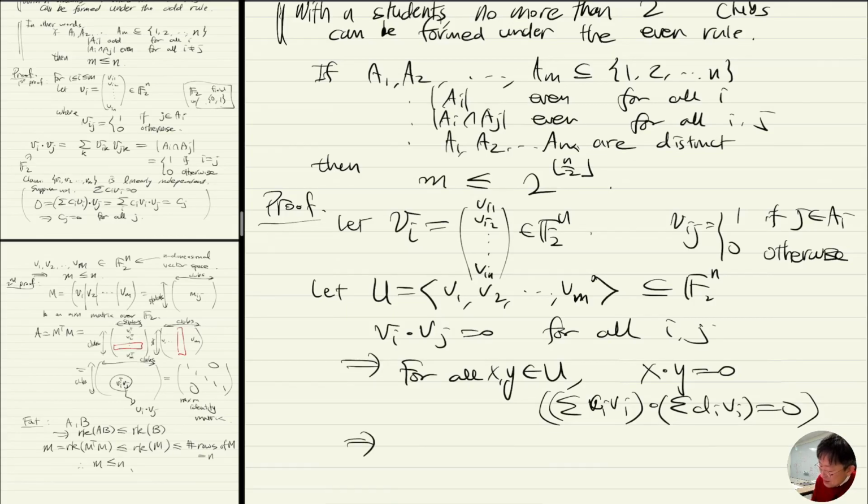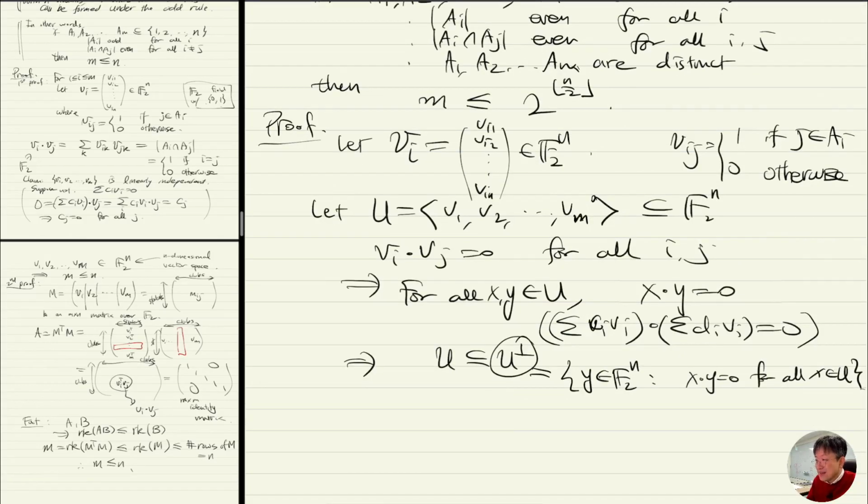So this means that U is actually contained in the orthogonal complement of U, right? This notation means the set of vectors y where x dot y is 0 for all x in U.